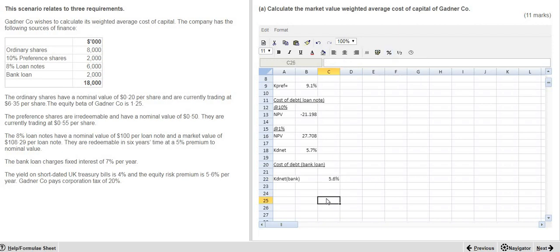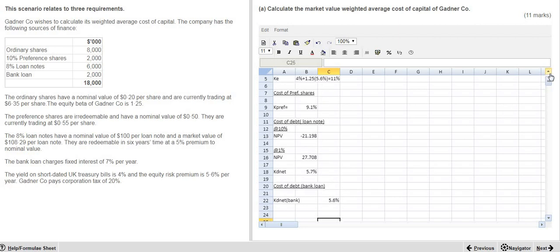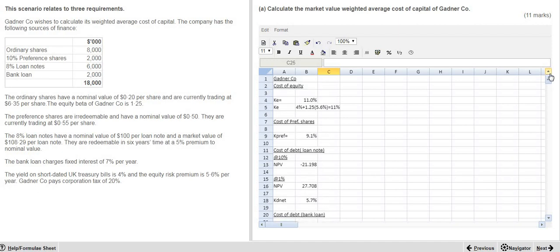Okay, 5.6% for the bank loan. I've now calculated all the costs of capital. The next thing is to calculate the market values. The market values are in thousands, so I'm just going to make mine in million. You can still go down if you want, but I like moving sideways so I can see everything. I'm faster.